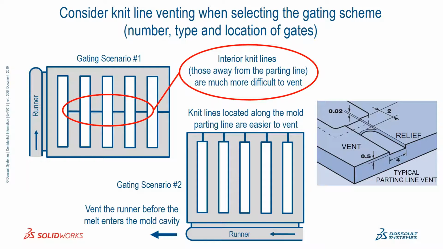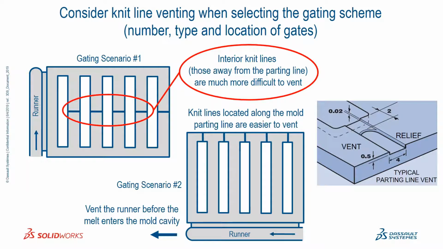So in the left-hand image, a gate system located on the left-hand side of that part would produce a series of knit lines after flow around those white cores. Those are through cores, producing holes in the part. And you'd have knit lines, specifically butt weld lines, behind each core.